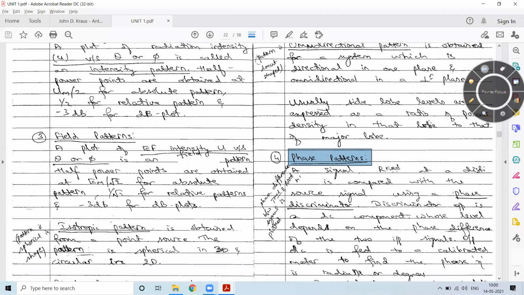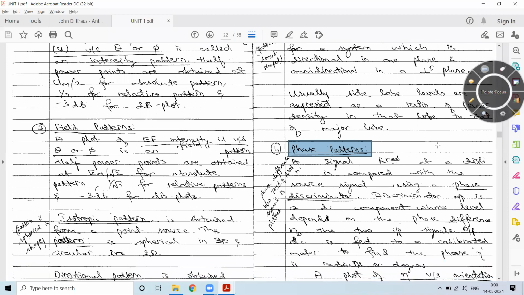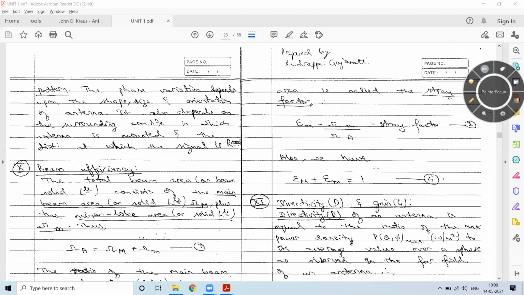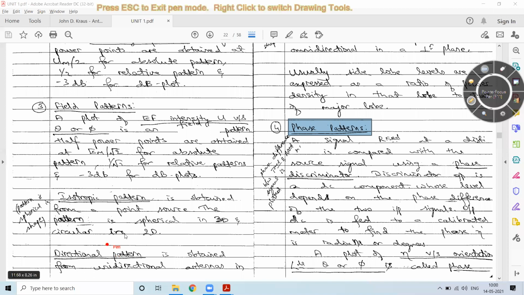Then, based on these values, we have another representation, that is the isotropic pattern. What is the isotropic pattern? As I mentioned, this is the pattern relevant to the isotropic antenna. Since an isotropic antenna radiates equally in all directions, it will be spherical in shape in three-dimensional representation, and circular in two dimensions.